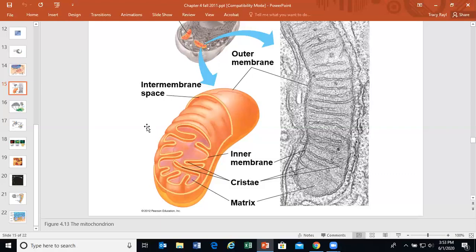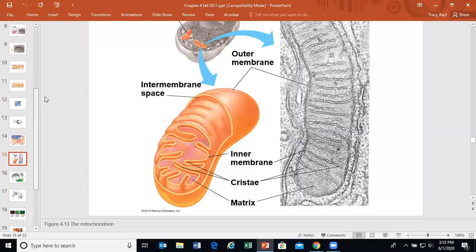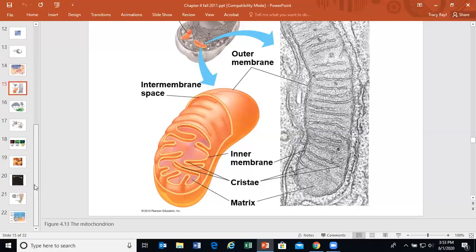And then formula, there I'm talking about the chemical formula for aerobic cellular respiration. I don't have it on a slide in this presentation, but you can go into either chapter 4 or chapter 6 and look at the equation.